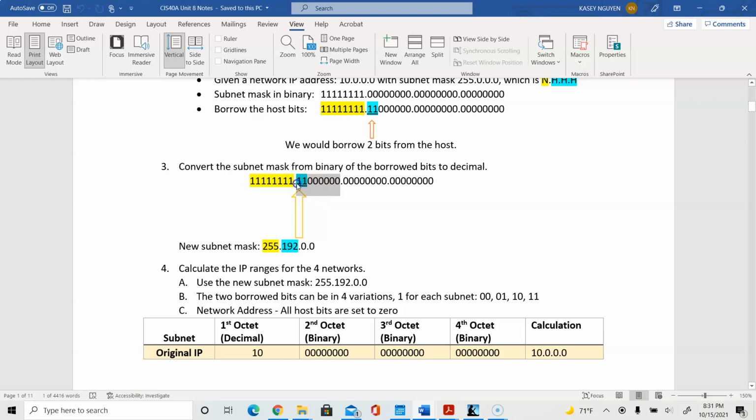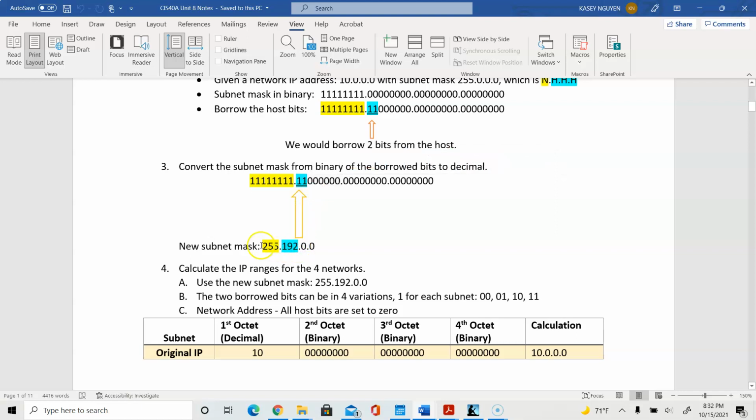And so if you take just this octet and convert that from binary to decimal, you would see that it's going to be 192. So we already had that in binary here. So when you determine the borrow bits, you are going to take that octet and convert it to decimal.